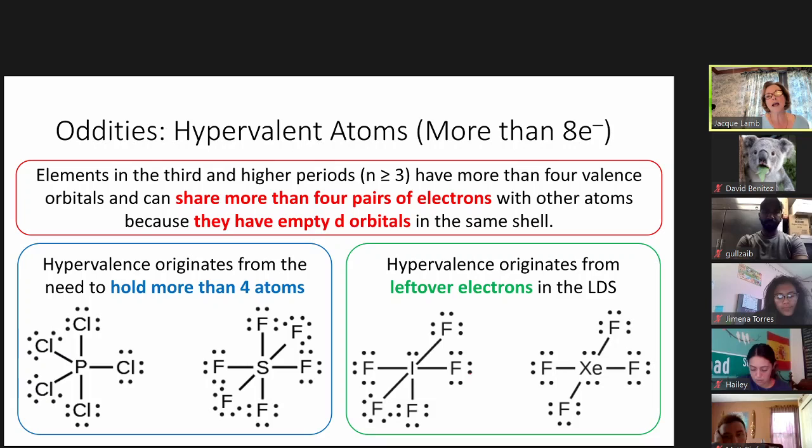Now, some of you may be looking at molecules like this, if you've been paying attention, and saying, wait a minute, xenon, that's a noble gas. I thought noble gases didn't form bonds, they didn't form molecules.